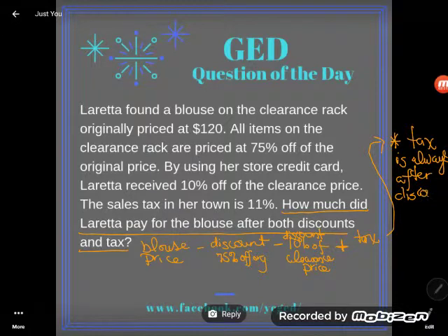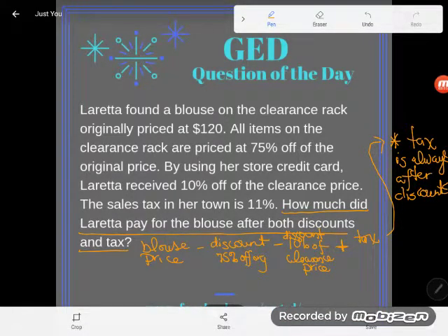You don't pay for the discounts. So basically, your tax amount is always after taking off the discounts. So basically what we have here is what's known as a successive percent problem. We're going to start with a number, and it's just going to keep changing as we morph through these different percents. So let's first start with the original blouse price.